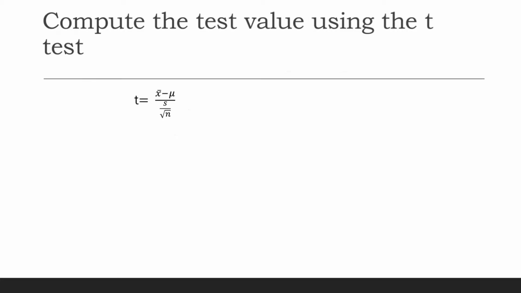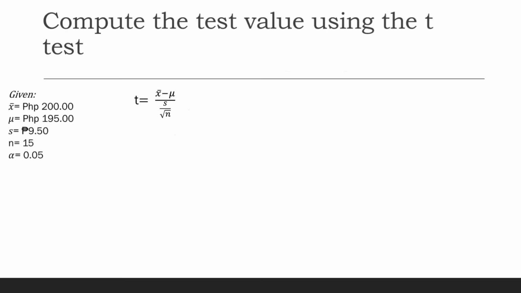So, like what I said, if n is less than 30, we will use the t-test, which is similar lang din naman siya sa ating z, pero ang symbol ng ating standard deviation ay s. So, t is equal to the sample mean minus mean over standard deviation divided by square root of n.